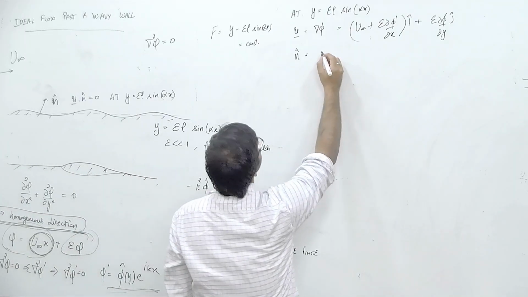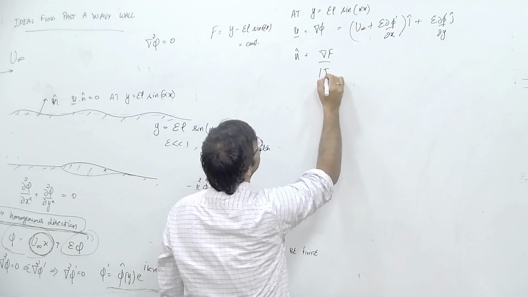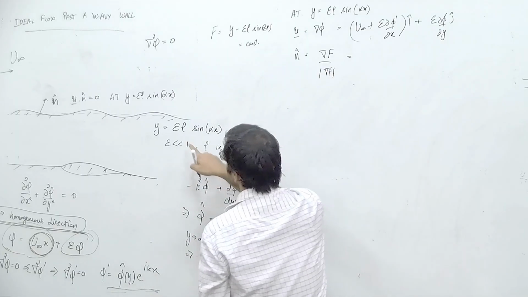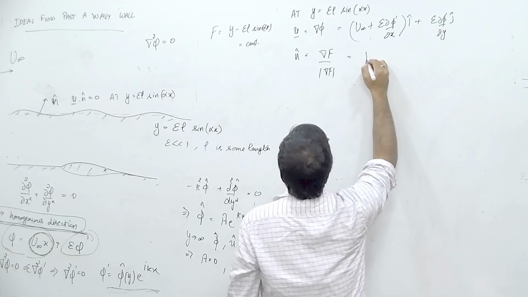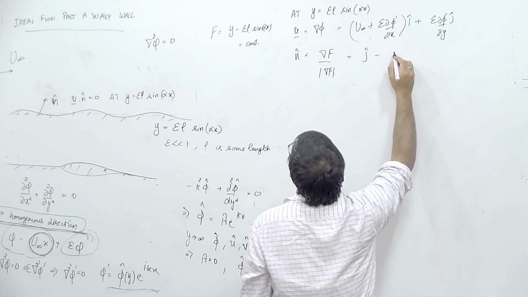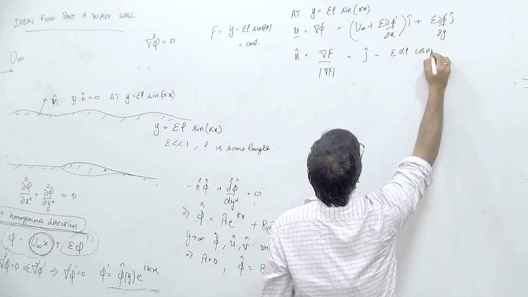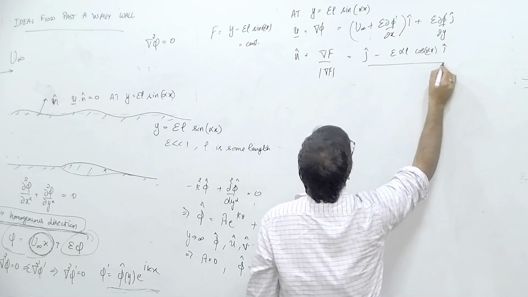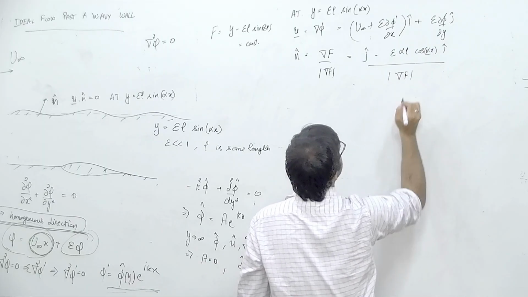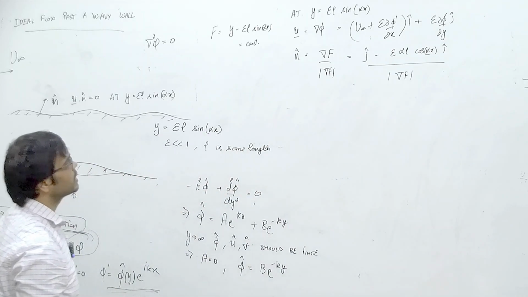So n hat is grad f by mod grad f, which is j cap minus epsilon alpha L cos alpha x i cap over the magnitude of this. I am not going to write it in detail as of now.